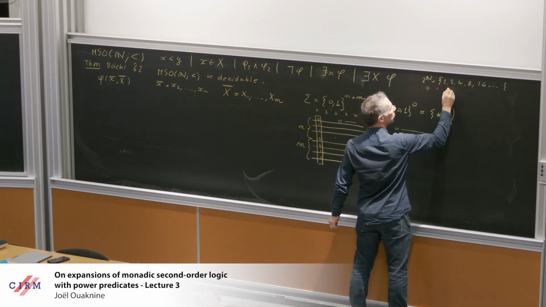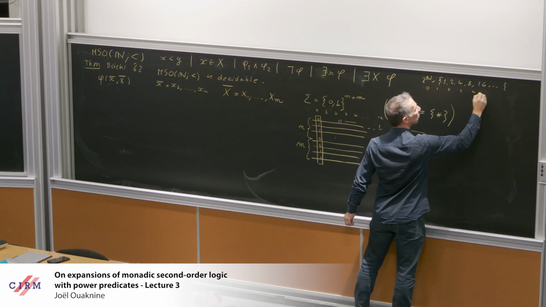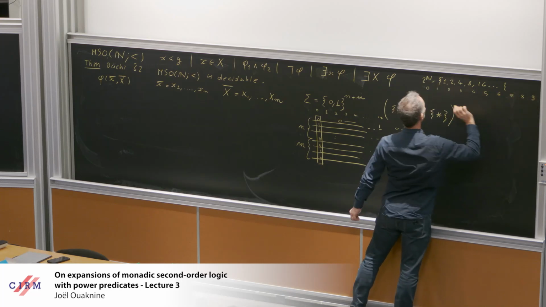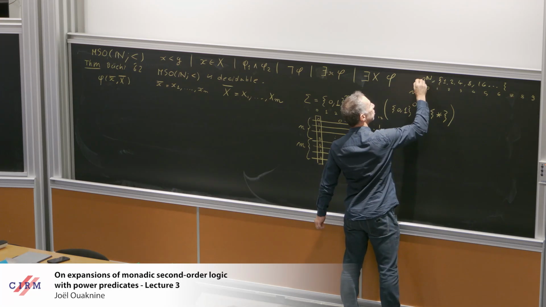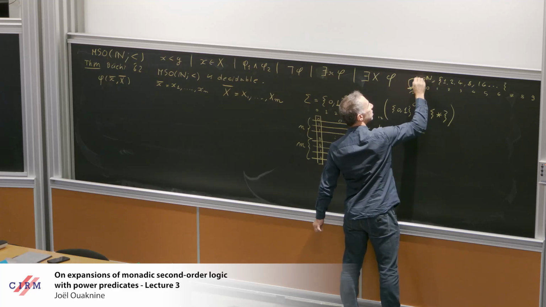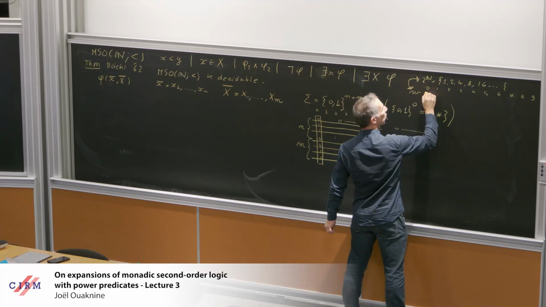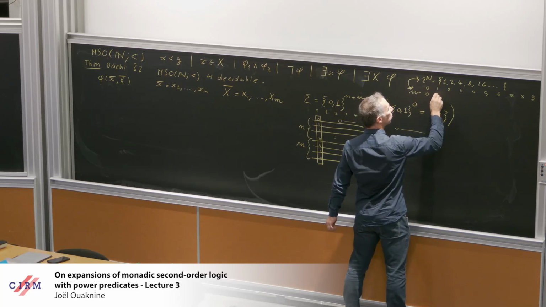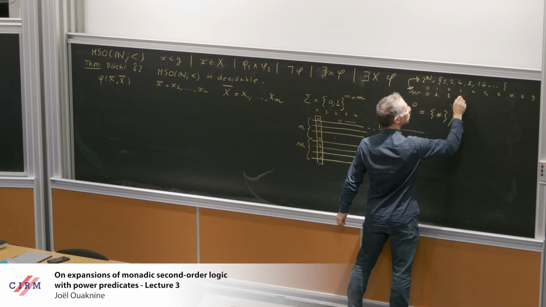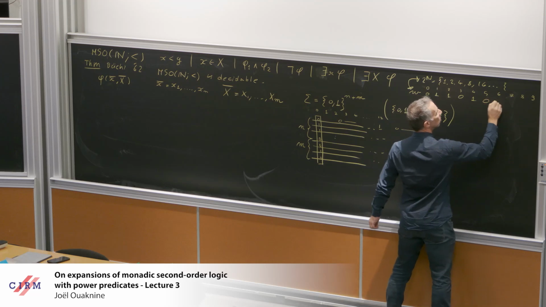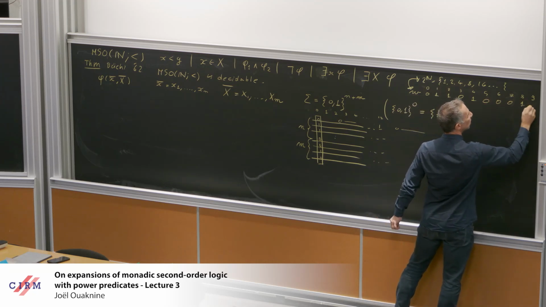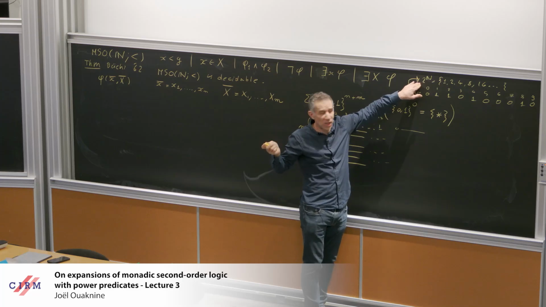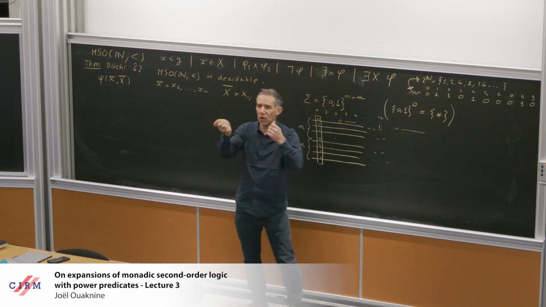Position 0, position 1, position 2, position 3, 4, 5, 6, 7, 8, 9. The word says: no, 0 is not a power of 2; 1 is; 2 is; no, yes, no, no, no, yes, no, etc. So now I can see how a subset of natural numbers corresponds to an infinite word over alphabet {0,1}.